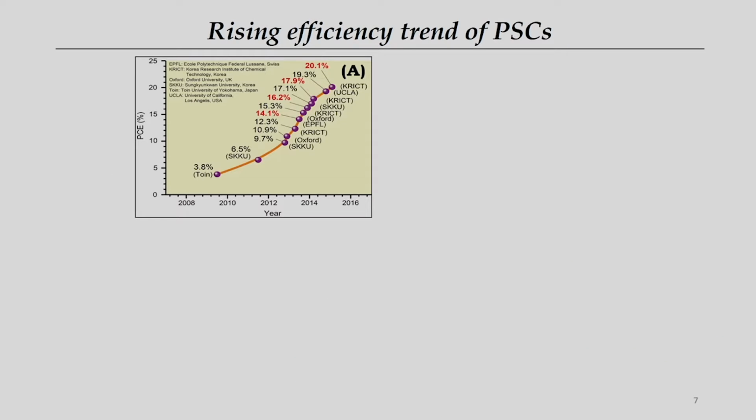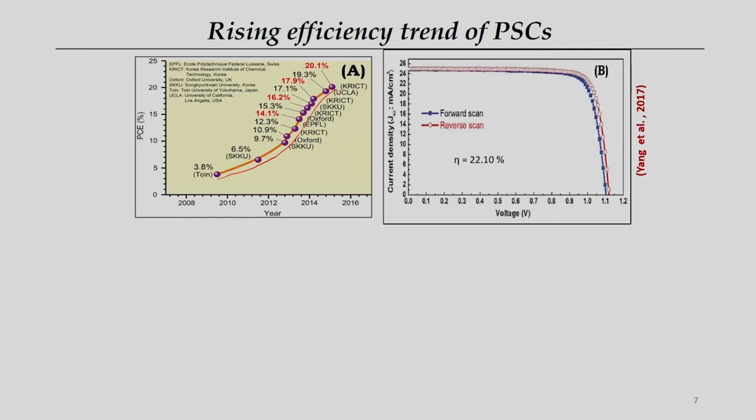If we see the rising efficiency trend, it has got quick momentum to achieve a very high conversion efficiency. It started in 2009 and see how fast it attains more than 20% power conversion efficiency. We can also see current density versus voltage.